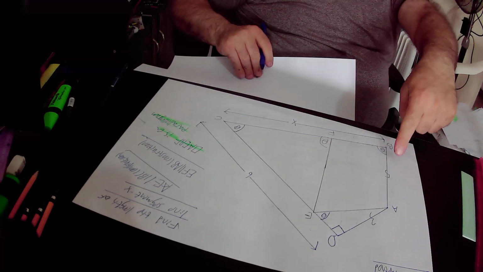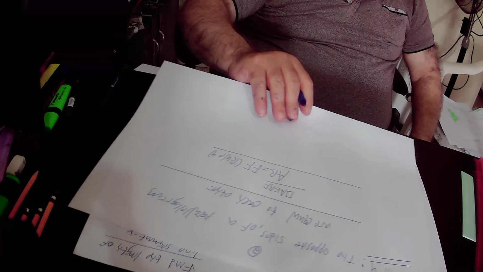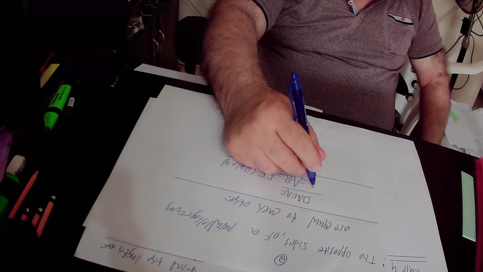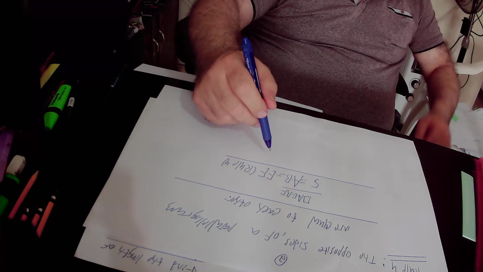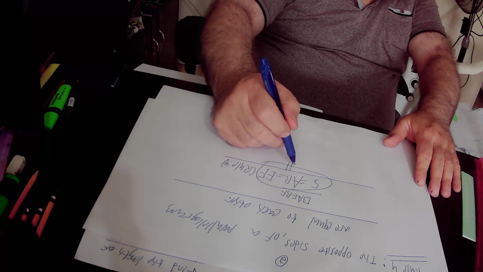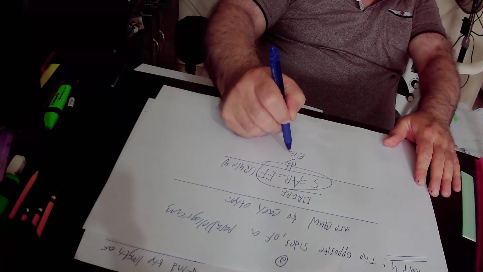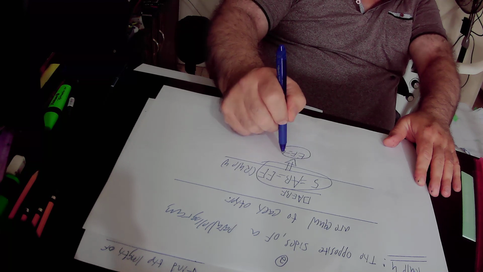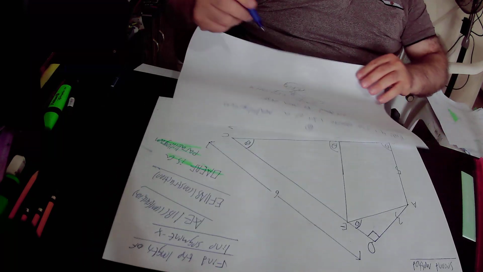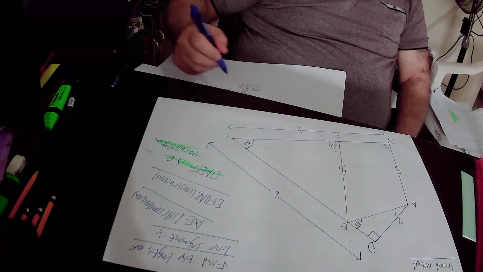But AE equals 5 units according to what is given to us in the question. So we can write here that AB equals 5 units. And from this equation, 5 equals AB equals EF, we will derive that EF is also equal to 5 units. So here we can write down that EF equals 5 units.